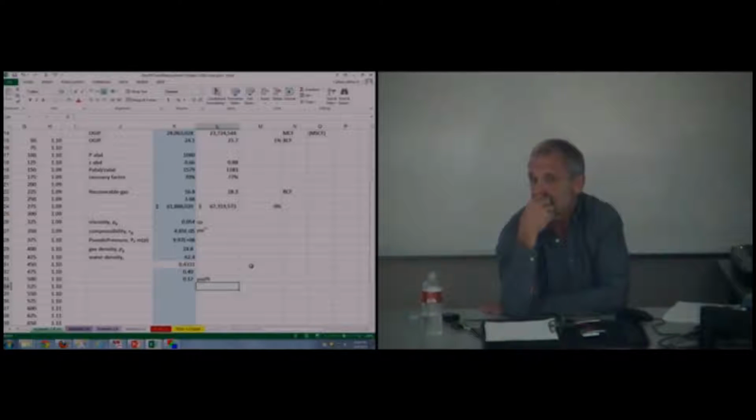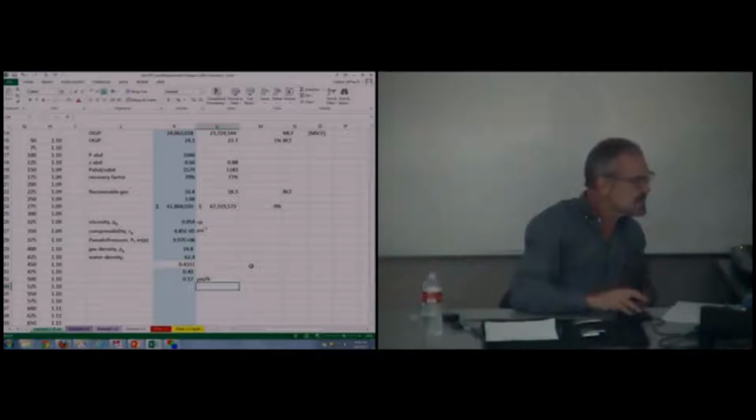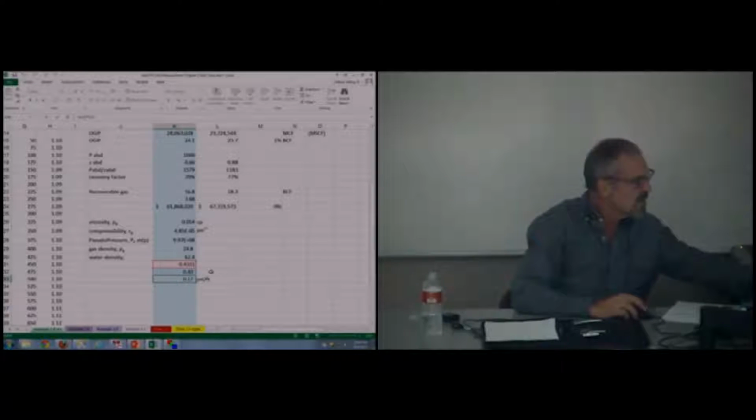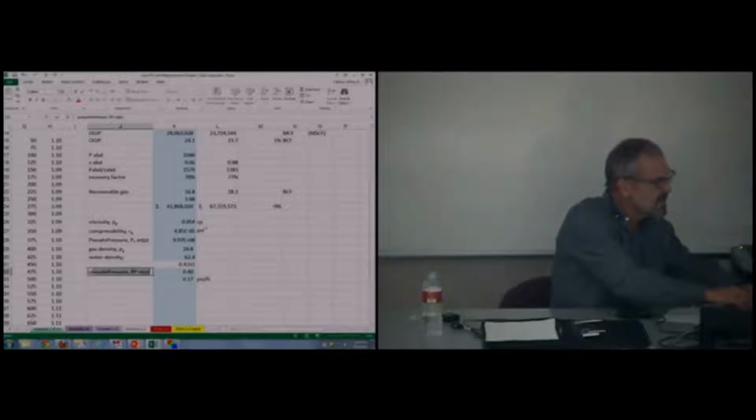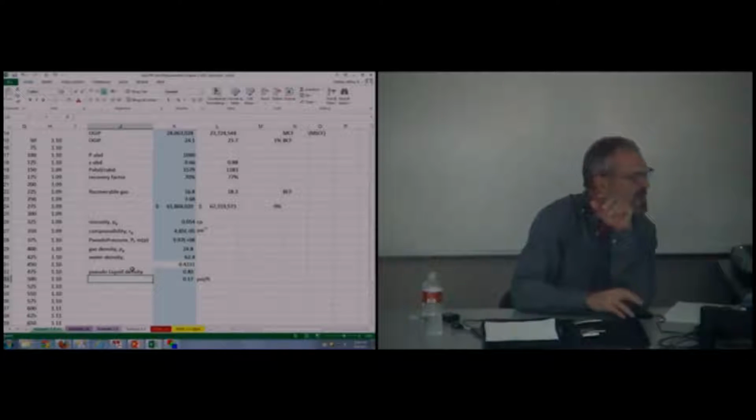Will you hover on that 0.17 sound? So 0.4, I'm calling the pseudo-liquid density, because the liquid, I should say gravity.